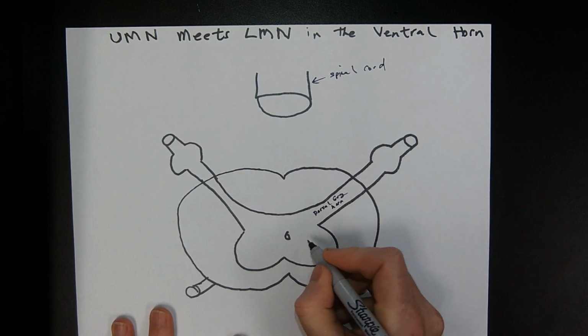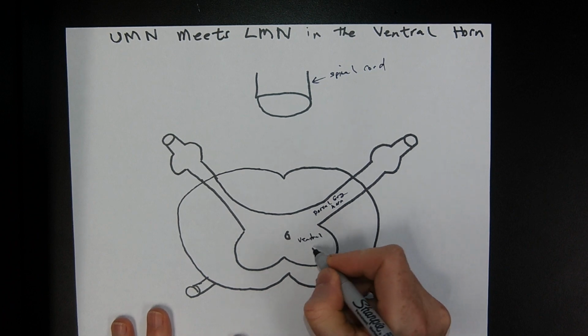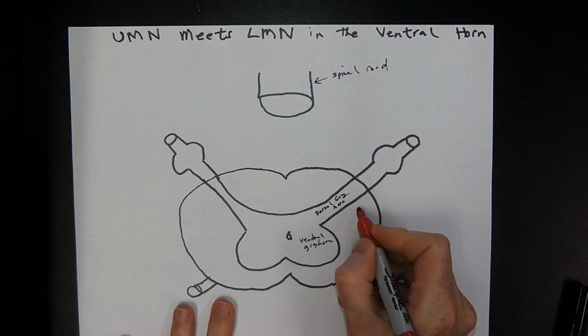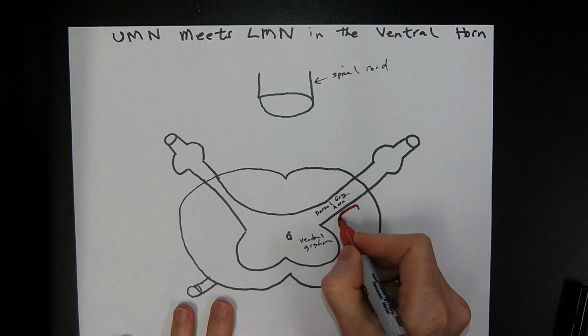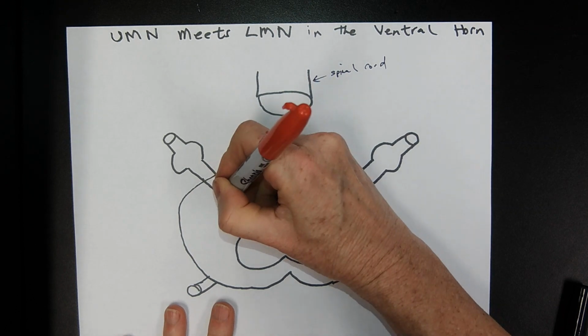And then here's our ventral gray horn, labeled on this side. Okay, and we also had lateral corticospinal tract. Got to put that in here. So your lateral corticospinal tract is going to be here just anterior to my dorsal gray horn. And it's going to be on both sides.